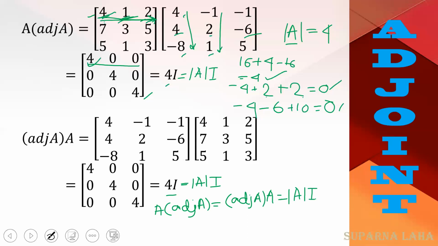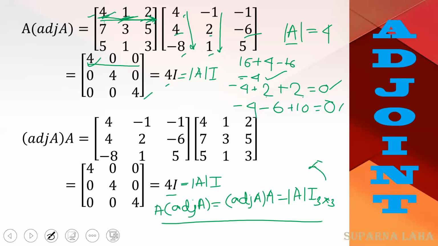Definitely this identity matrix is of order 3 here. So this is proved.